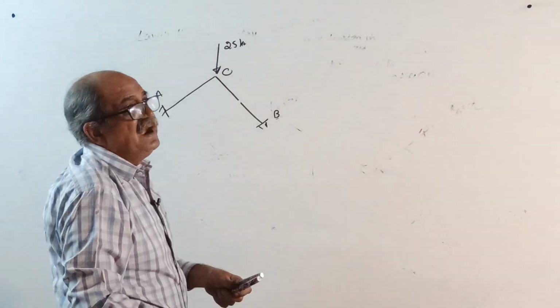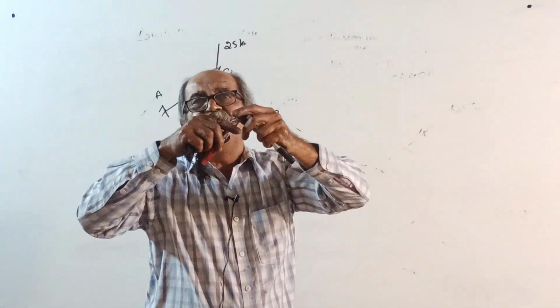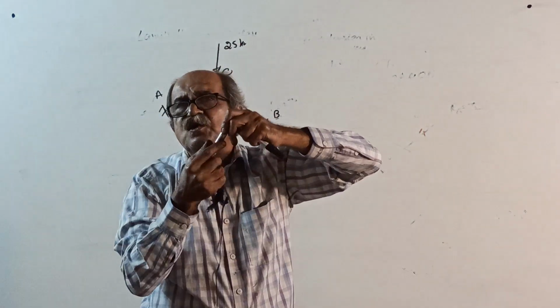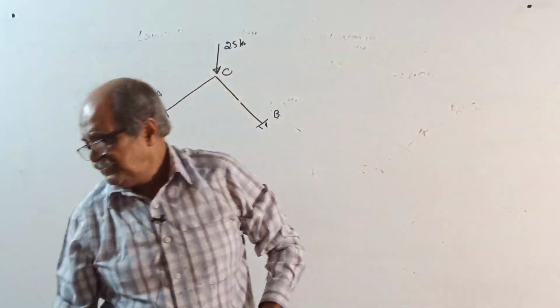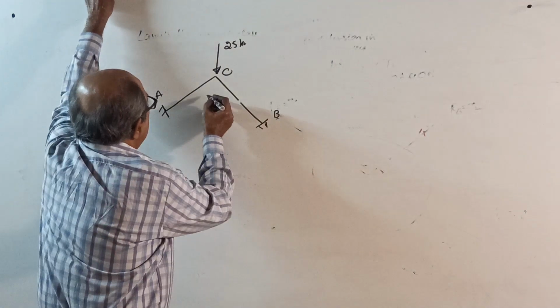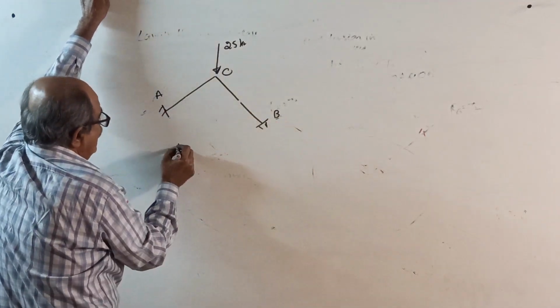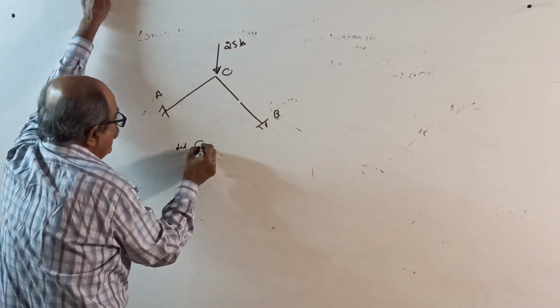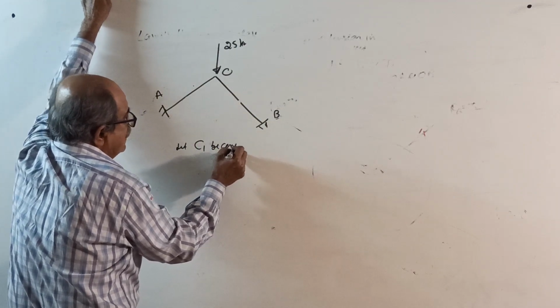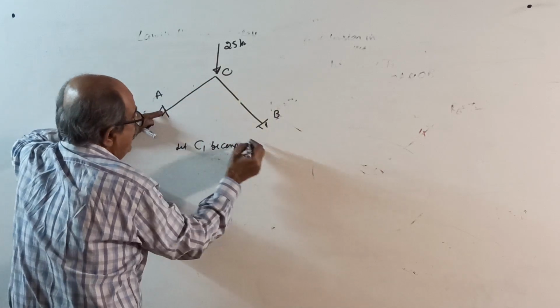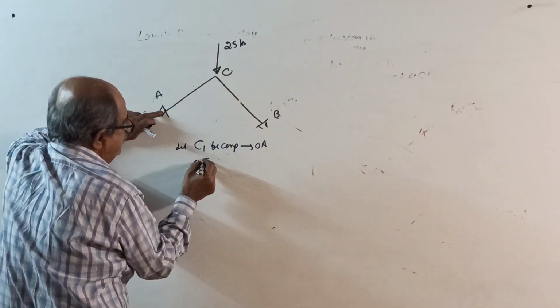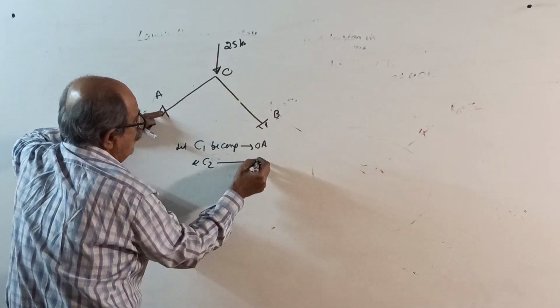Now, anybody can tell that when you apply the load this way, the rods will be in compression. Common sense. So I will do one thing now. Let me write: let C1 be compression for OA and C2 be compression for OB.